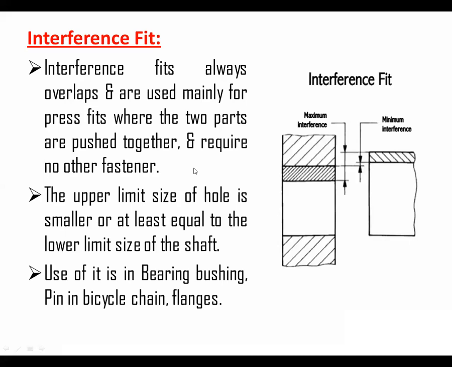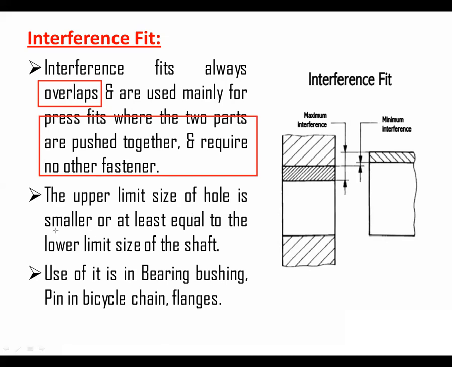Now next, interference fit. In interference fit, the shaft diameter is somewhat more or at least equal to the hole. Interference fit always overlaps. Hole and shaft size always overlap, and are used mainly for press fit where parts are pushed together and require no other fastener.